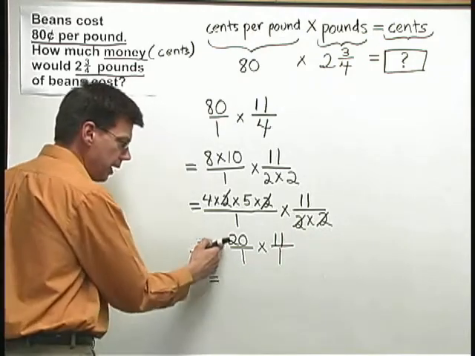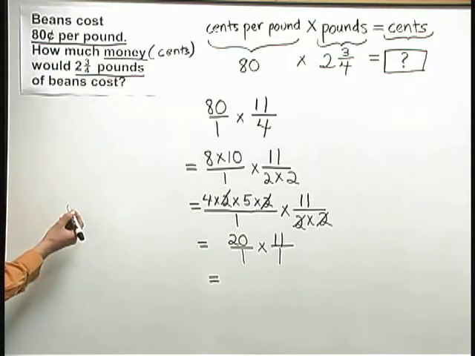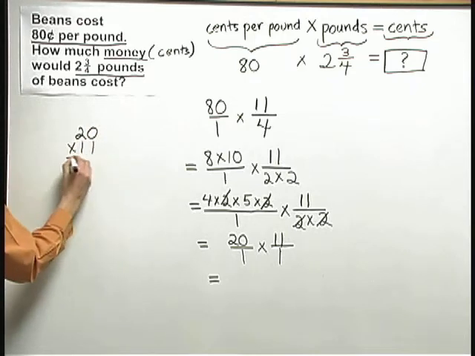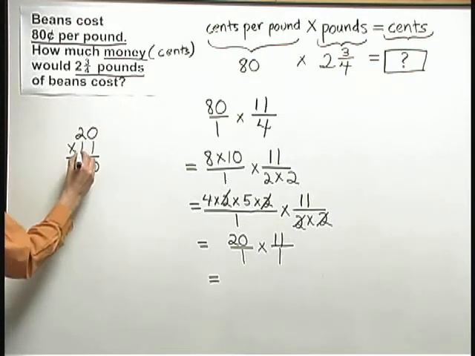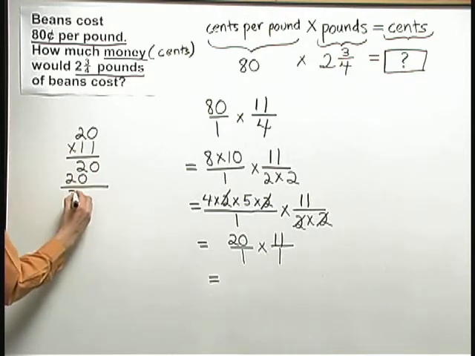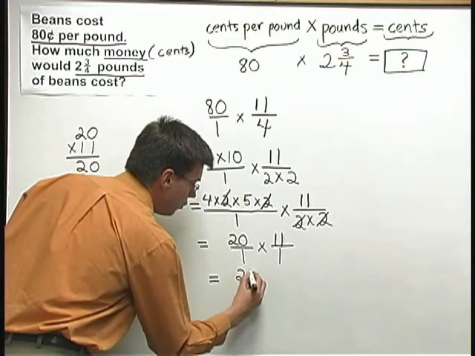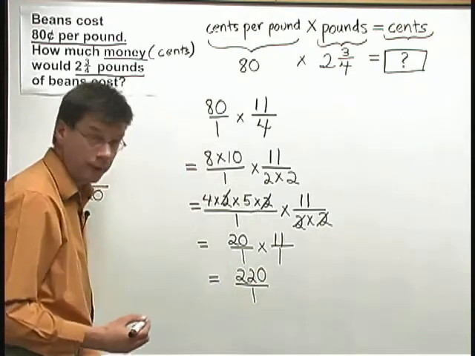So what I have to do next is multiply 20 times 11. Let's do that here. 20 times 11, 1 times 0, 1 times 2, 1 times 0, 1 times 2. That's 220. So I have 220 over 1 times 1 is 1.